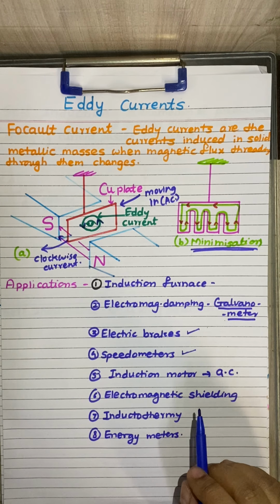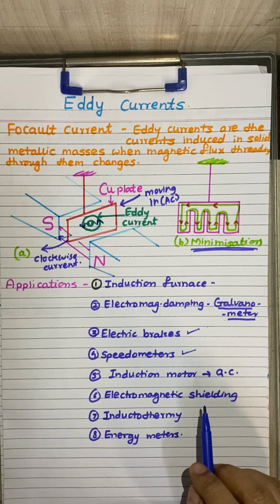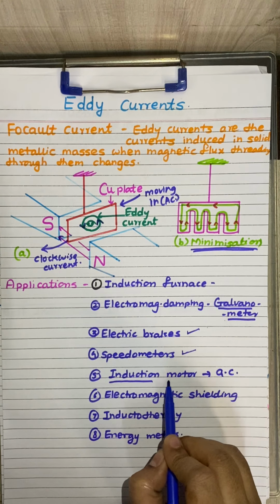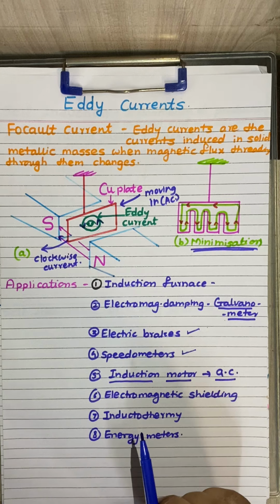A metallic rotor is placed in the magnetic field. The eddy currents set up in the rotor tend to oppose the relative motion between the rotating magnetic field and the rotor. Therefore, the rotor starts rotating about its axis. So this is one of the best applications of eddy currents, the induction motor.